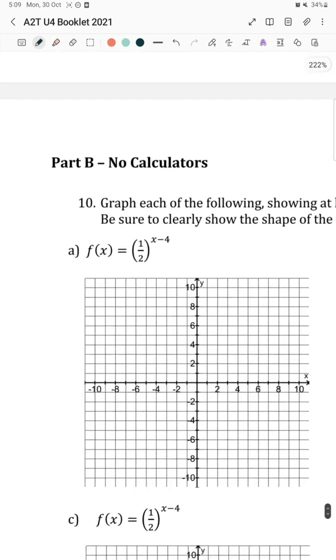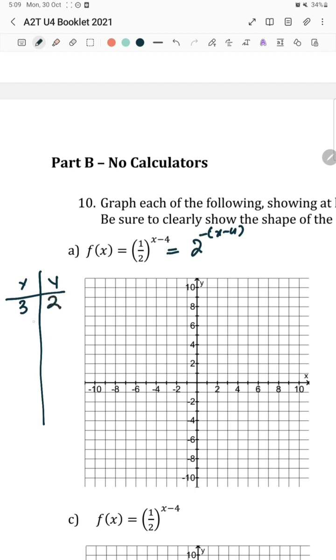So I'm just zooming it out. We can write it as 2^(-(x-4)). So we will take x and y values. So if x is equal to 3, it would be 3 minus 4 is minus 1, minus minus 1, so it would be 2. If x is 4, y would be 1, and if x is 5, it would be 0.5.